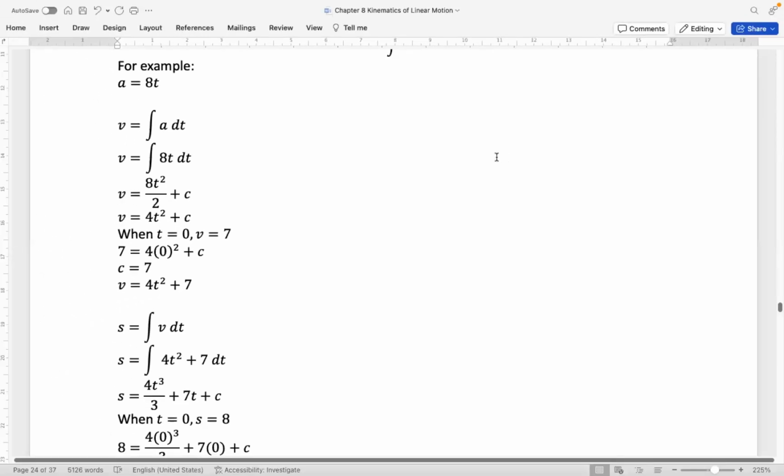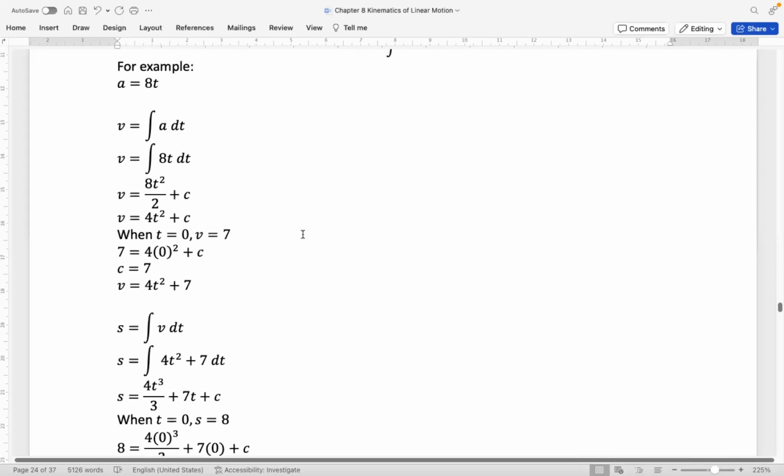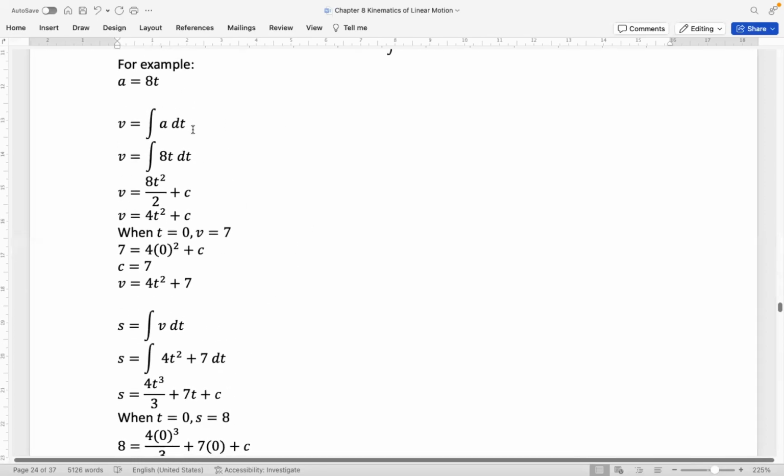Let's check one example. Let's say we are given a equals 8t, and the question requires us to find the displacement function. So before you can find the displacement function, you have to first find the velocity function. v equals integrate a dt. So in this case, we have v equals integrate 8t dt.